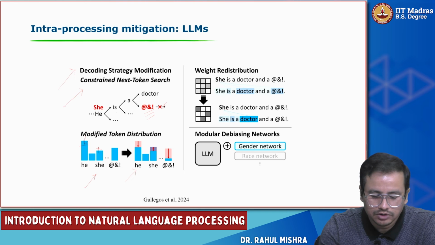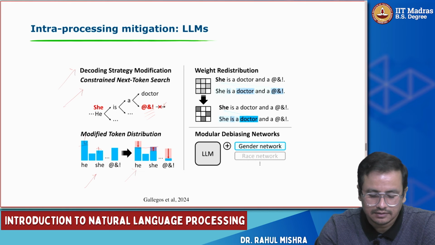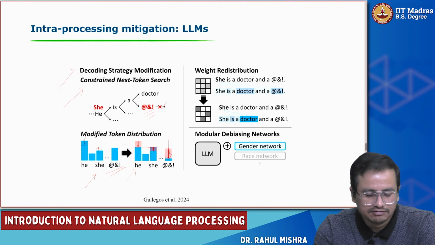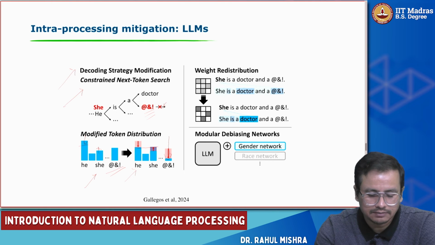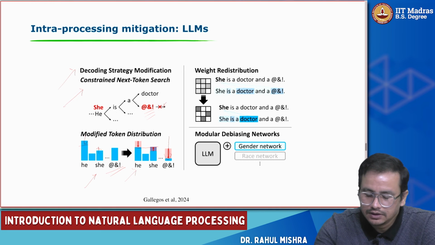You want to flatten it out a bit rather than the skewness which is there. So there is a spike at he, and for this curse word you want to reduce a lot, right? So you can devise an intelligent technique, and people have already proposed many methods to change the probability distribution of what should be the next word.